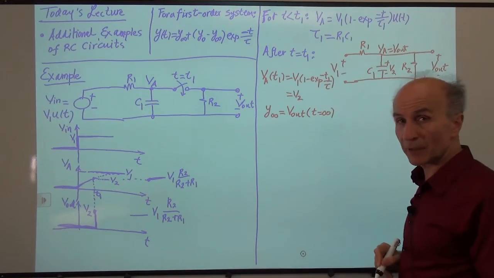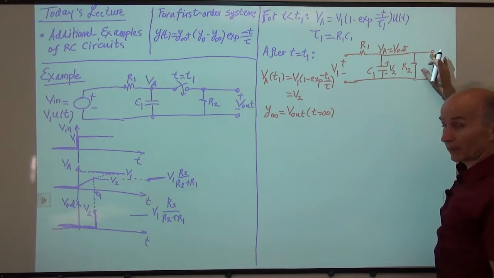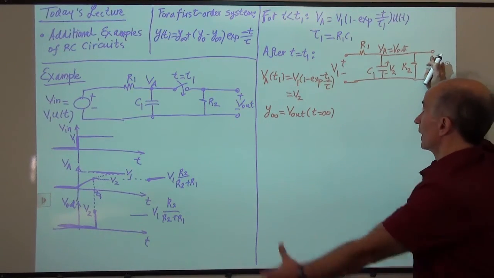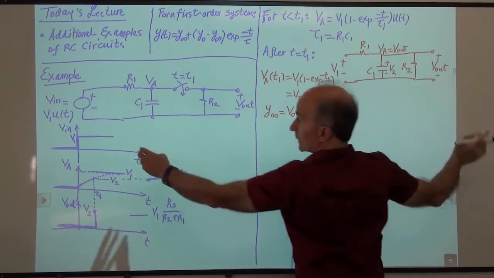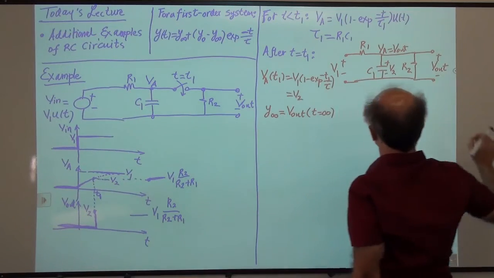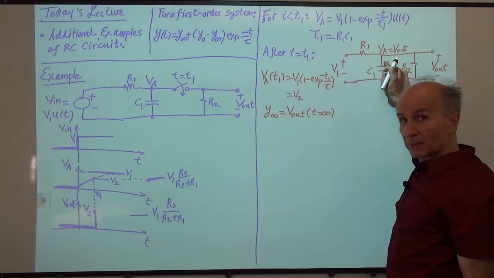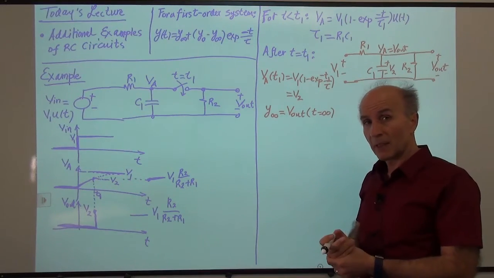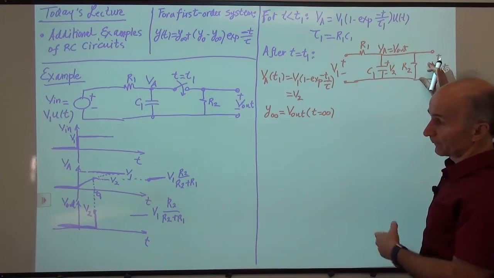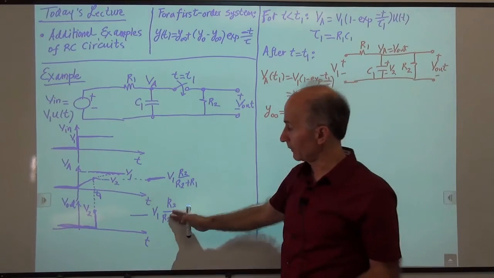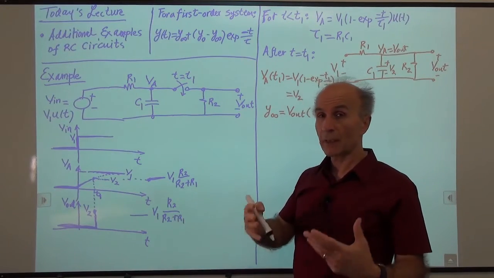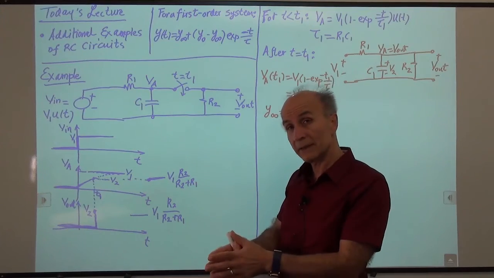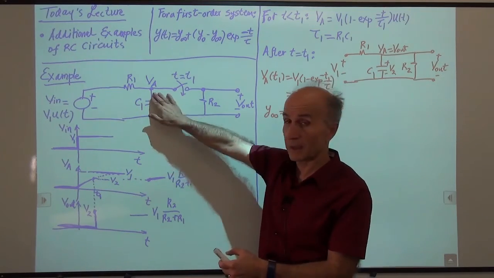right? How much is that? How much is this voltage at time infinity? So here's the situation. I have a constant voltage of V1 that was provided by the step. I have an initial condition across the capacitor, and I let the circuit go, and I wait for a very long time. How much voltage will I measure here? But we calculated that, right? We said at time infinity, if the voltage on the capacitor is constant, the current through the capacitor is 0.